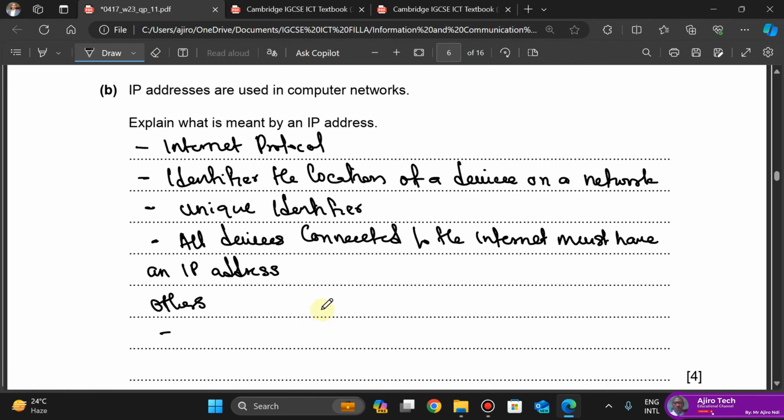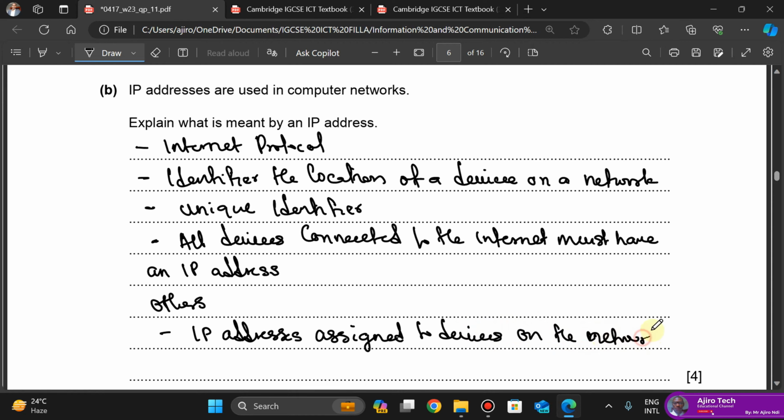I think the last one will be: IP addresses assigned to devices on the network must be different.